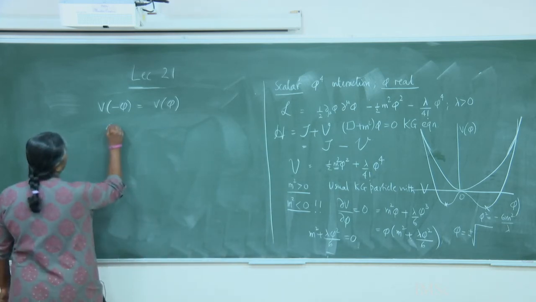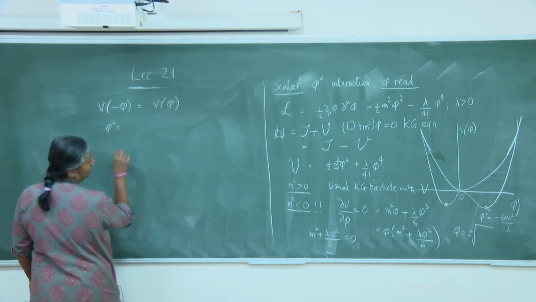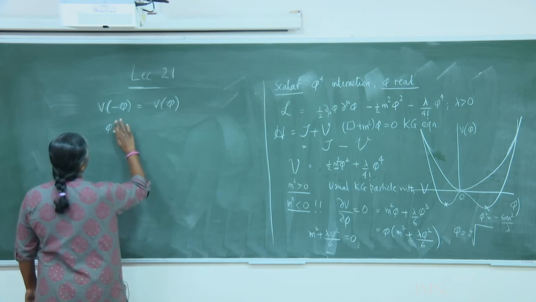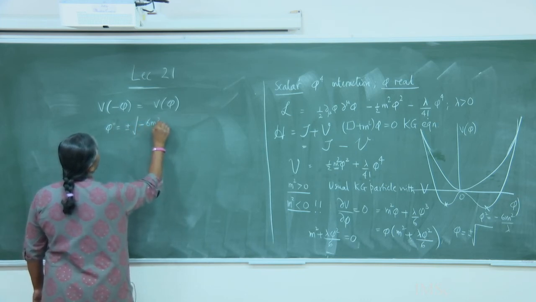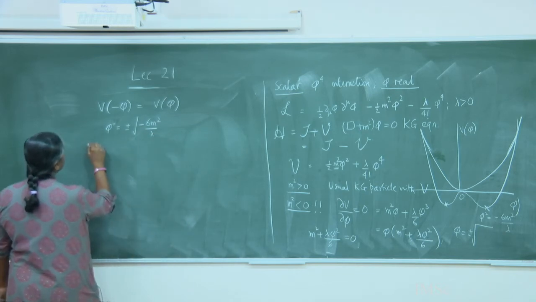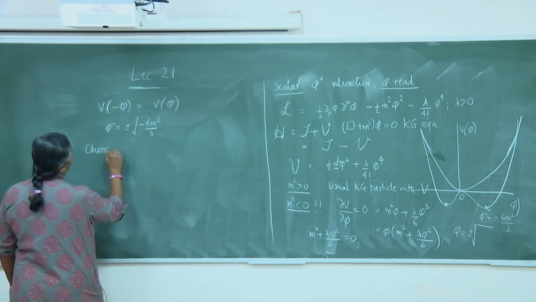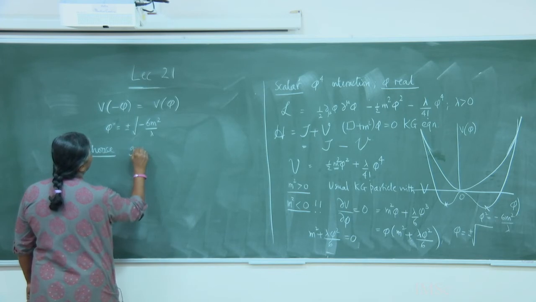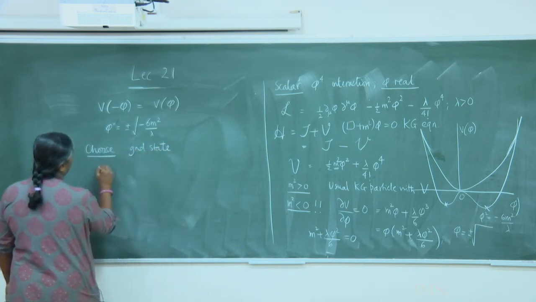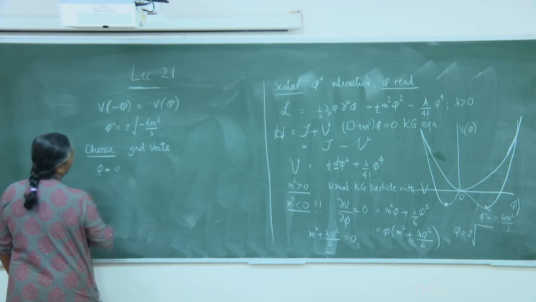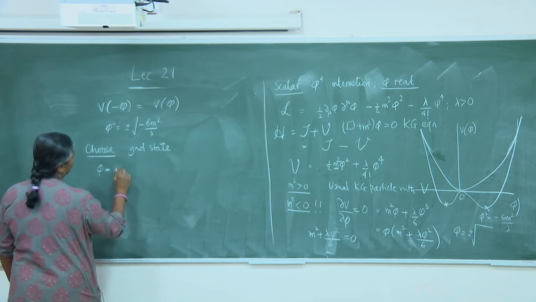So let me write that equation down. Phi squared is equal to, let me write phi is equal to plus or minus square root of minus 6 m squared by lambda, and let me choose the ground state to be phi, and let me call that value v or phi naught, maybe some constant.